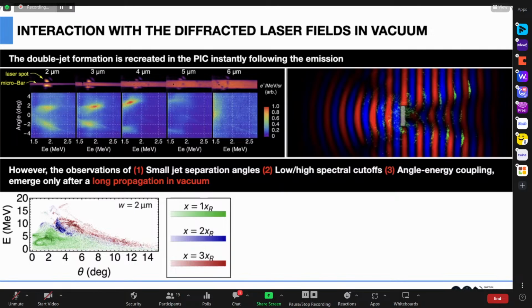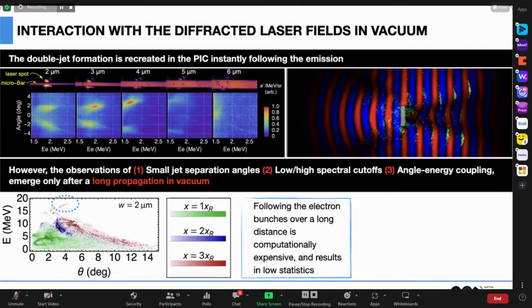The Rayleigh range here is something like 40 micron, so this is already 100 micron into vacuum, and the spectrum and the angle of the emission change.